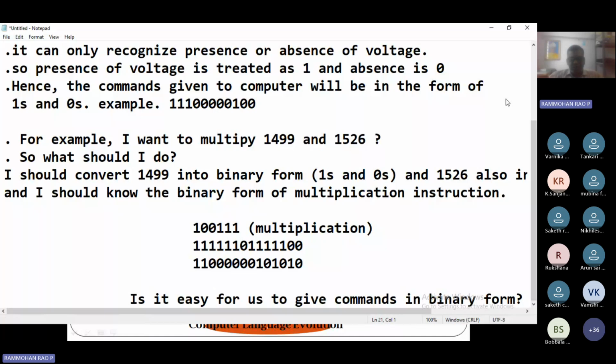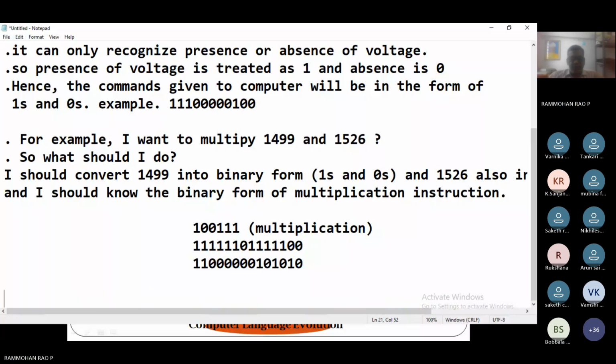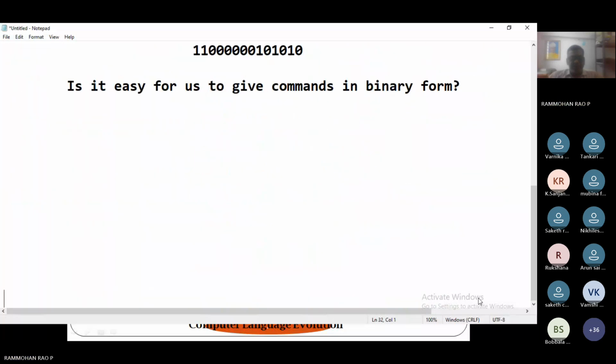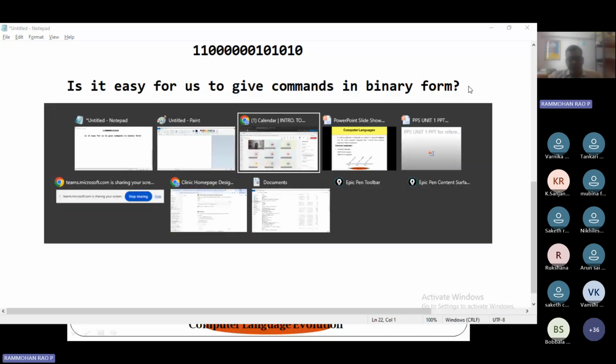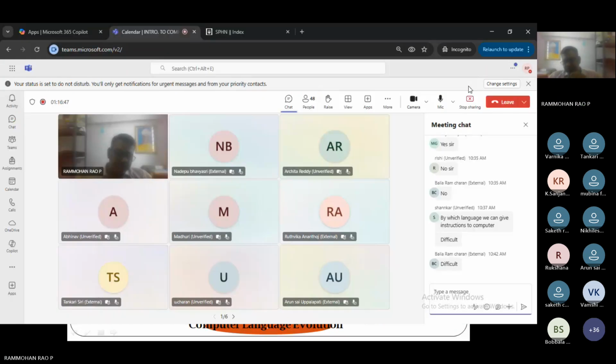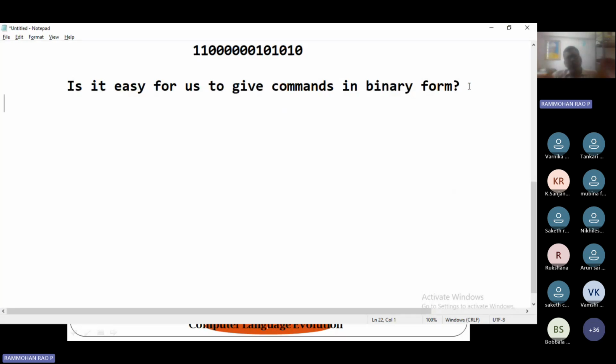Is it easy? I'll be happy to hear from you. Difficult. That's great. So friends, this is very difficult for us to manually give commands in the binary form.